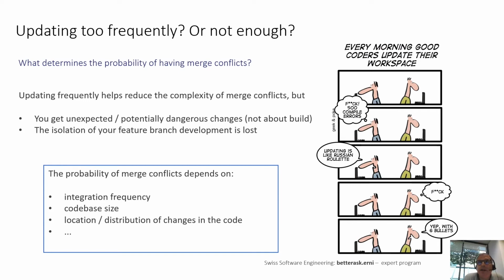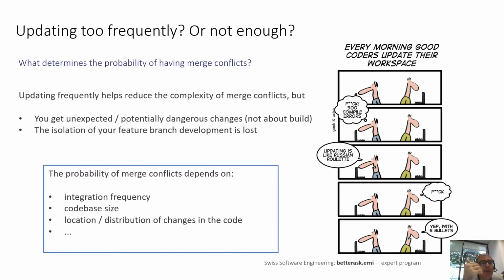Regarding this survey, when do we have to update, or when is it too frequent to update, or maybe not frequent enough? Because updating determines the probability of having merge conflicts. Updating frequently helps reduce the complexity of the merge conflicts, not the merge conflict in itself. If you integrate small changes every time, the complexity will be minor, okay?